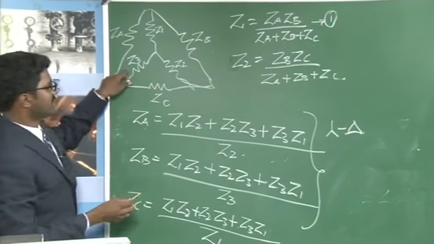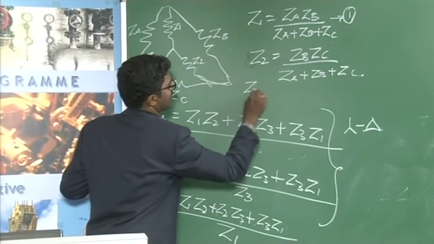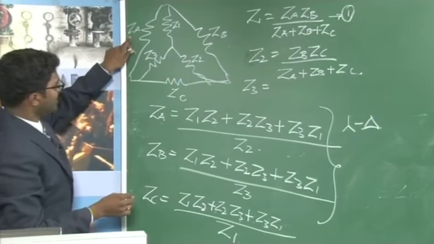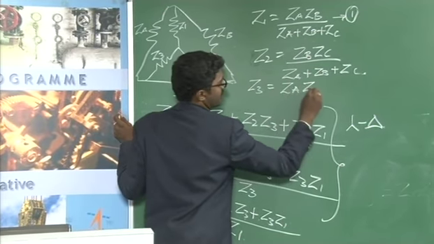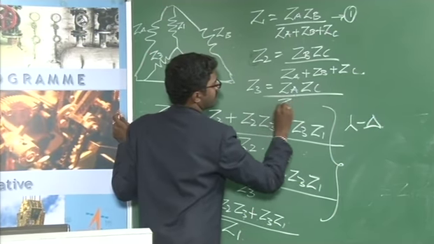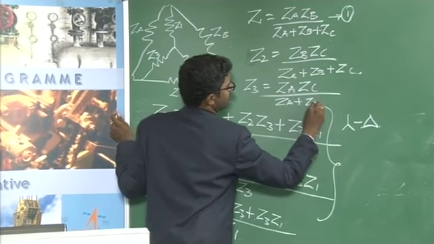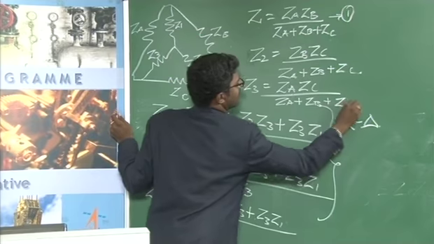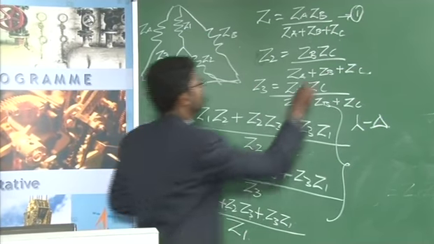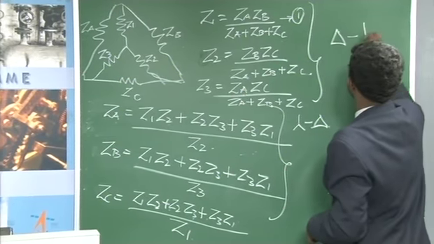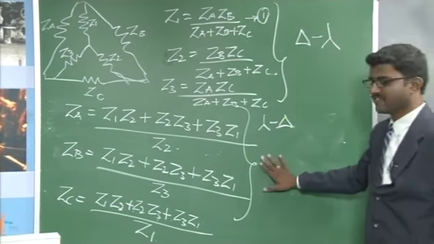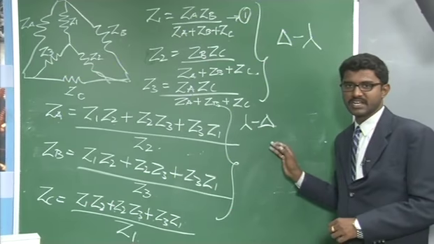For Z3, the elements connected in your delta network are ZA and ZC, so it will be ZA into ZC divided by ZA plus ZB plus ZC. So these three equations govern delta to star, and the other three equations are for your star to delta transformation.